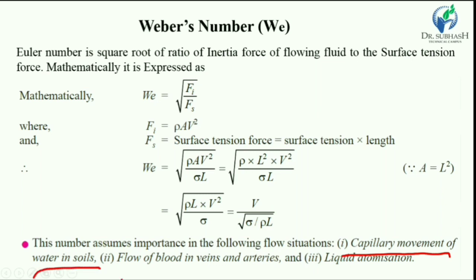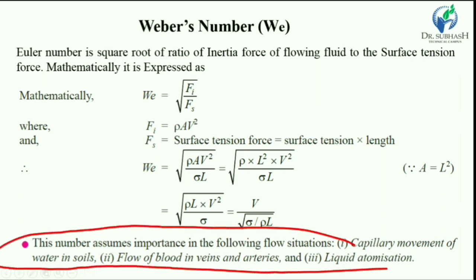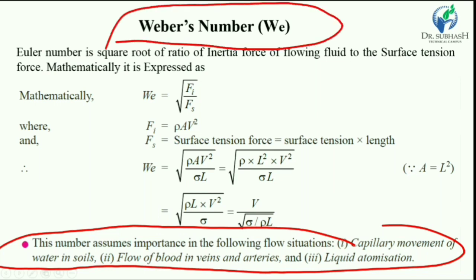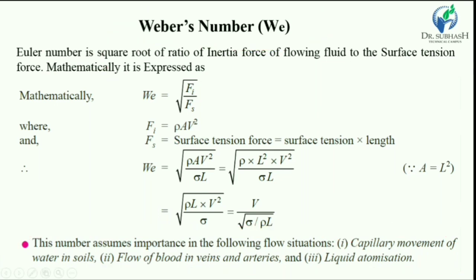Second one is the flow of blood in veins and arteries. Third one is liquid atomization. In all these cases, the surface tension force is significant to study or analyze these systems, so the Weber number is important for their analysis.